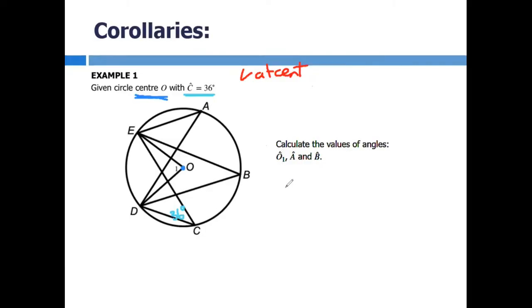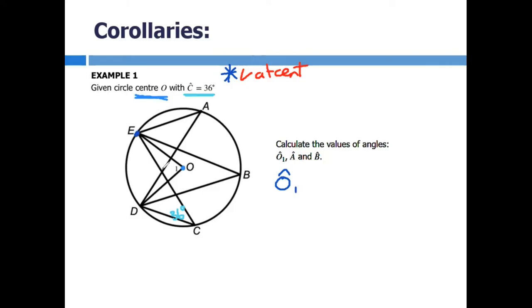Okay, so O1 is where we're going to start because it's the first one they asked for. So any ideas of how we could get to O1? We've only really got one new theorem that we could possibly use. But don't forget your old theorems. Don't forget about your triangles and parallel lines and stuff that you learned in grade 8, 9, and 10, please.